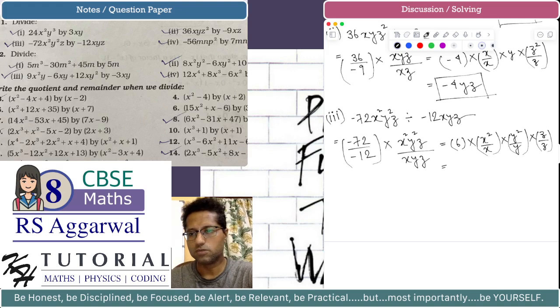So now using the laws of exponents, you know this will be 6xy.